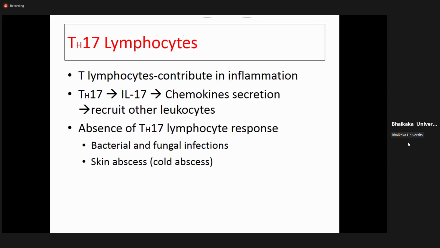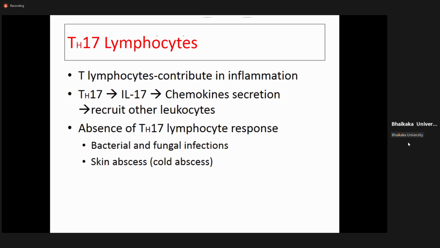The significance of the T helper lymphocytes can be studied in persons where this T helper lymphocyte response is absent. These individuals are prone to develop frequent bacterial and fungal infections and also cold abscesses in the skin, where the abscesses will not have the typical signs and symptoms of inflammation in the form of redness and warmth.